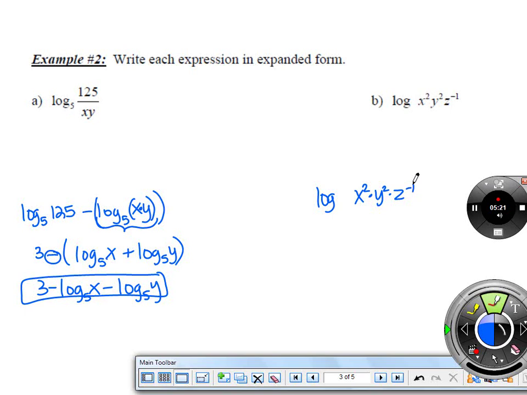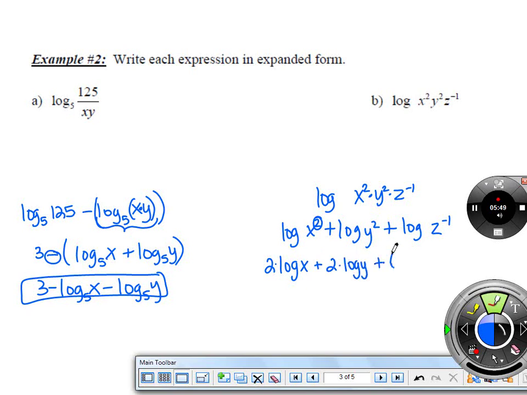So this is like three different products, which means I can split this up into these three different logs where I have the log of x squared plus the log of y squared plus the log of z to the negative 1 power. And now, according to my power property, each of these can be written as a product. This can be 2 times log of x plus 2 times log of y plus negative 1 times log of z.